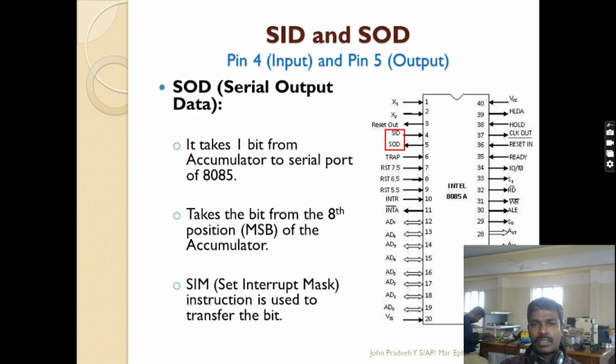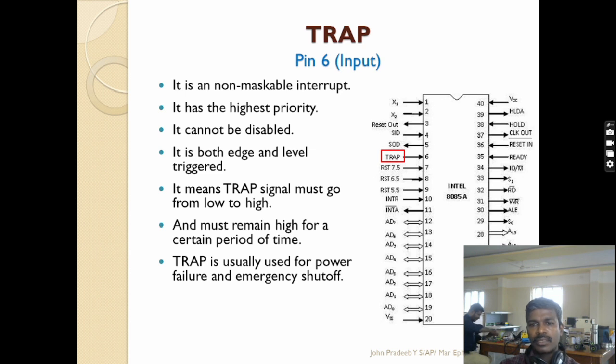Similarly for the serial output data, the MSB, the 8th bit, is transferred to the output. The instruction used is SIM (set interrupt mask), which transfers bits from the microprocessor to external peripherals.